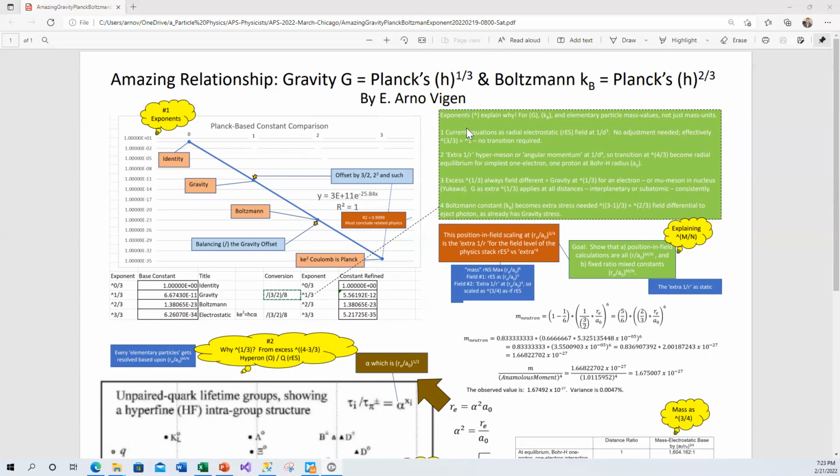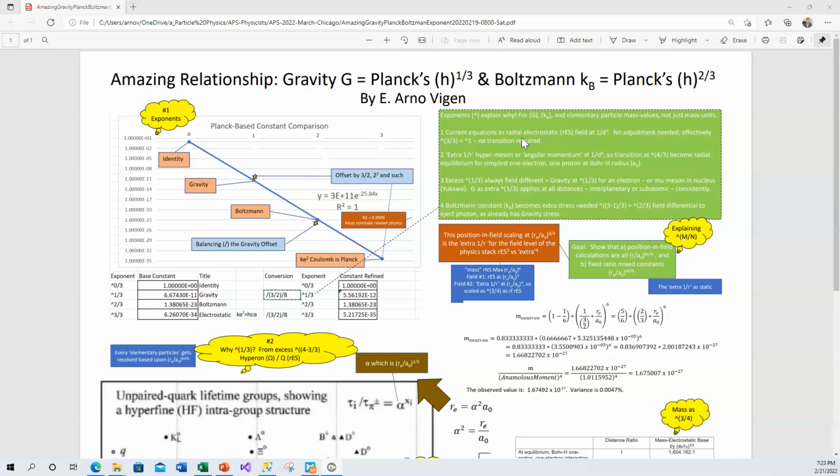So when we do this, we take exponents and they become effectively different comparisons. The equations are 1/distance cubed for a field, and of course 1/distance squared for the Coulomb force. So basically that's a 3/3, which is 1, and so no translation is required for electrostatic.